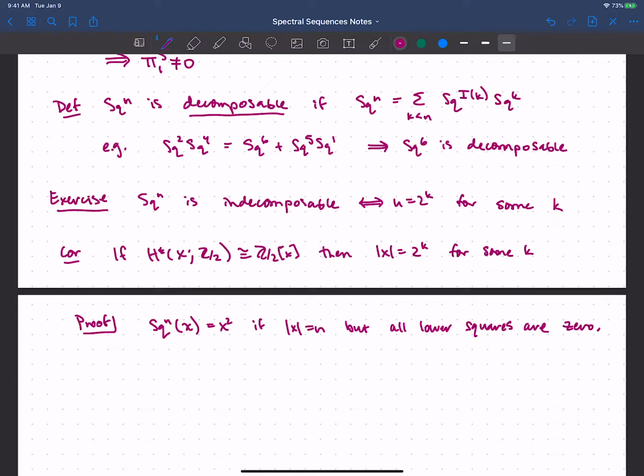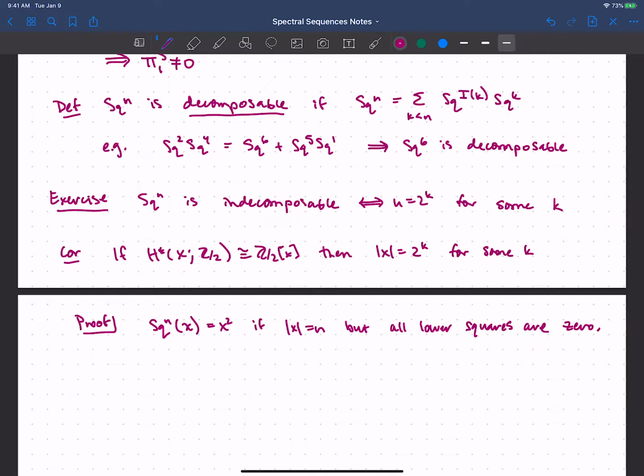Why is that? Well, they should factor through 0 because I know the cohomology is just polynomial on x. So there's nothing between x and x squared, right? And so if I had something like Sq 3, then it would factor as Sq 1 Sq 2, and that Sq 2 first would hit 0. So the point is this factors if n is decomposable. So it must be that our Sq n is indecomposable and it's a power of 2.